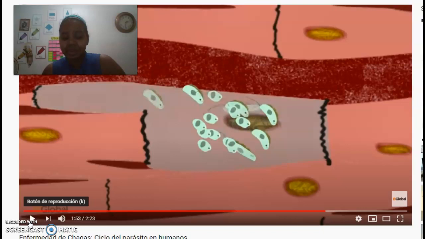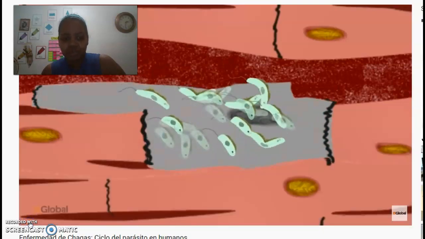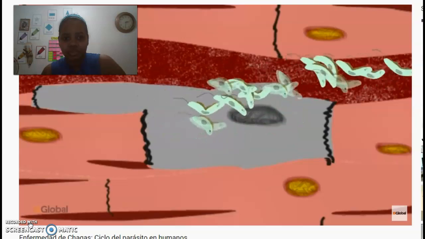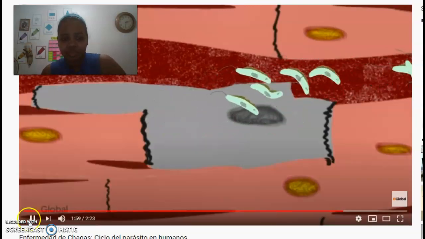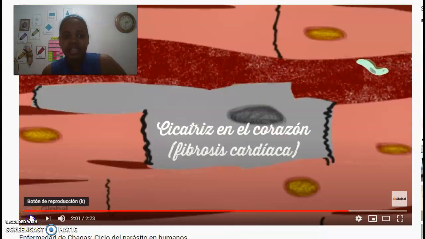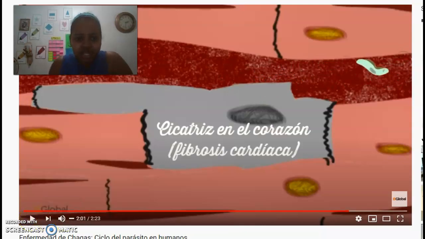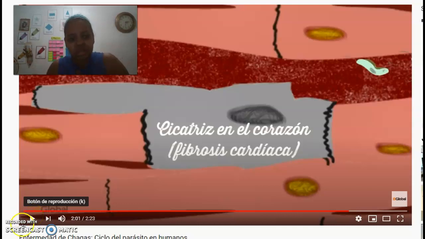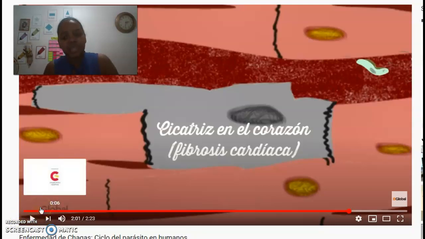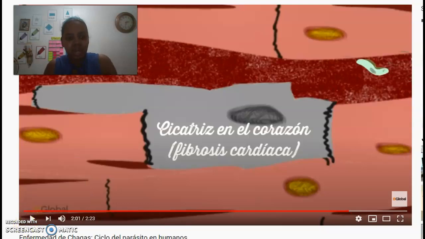So after that, they reproduce themselves, and they cause this one, fibrosis cardíaca, or known as cicatriz en el corazón. So that's why we have to be careful with those insects, and we have to keep in mind the ways of prevention of those diseases. Let's continue in our presentation.